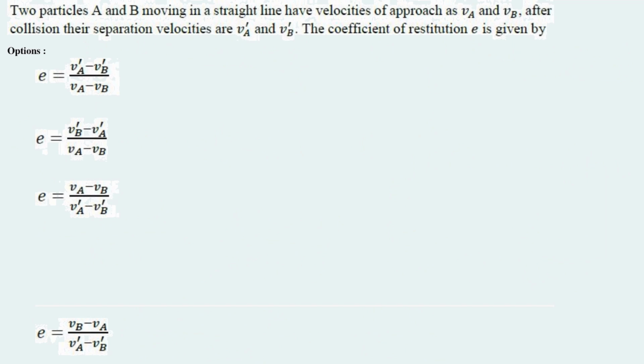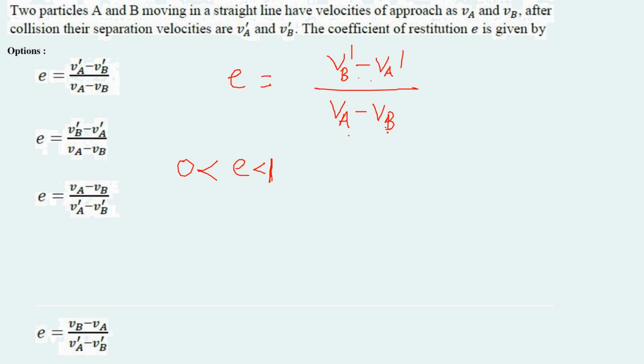So the coefficient of restitution E is equal to the ratio of separation velocities, (VB dash minus VA dash), divided by approach velocities, (VA minus VB). So it is the ratio of the difference between separation velocities to approach velocities. The E value varies between 0 and 1.